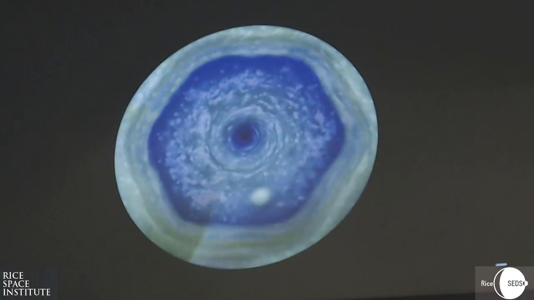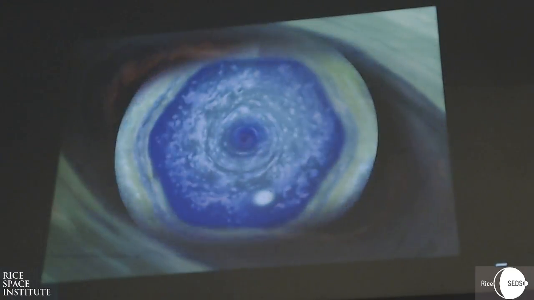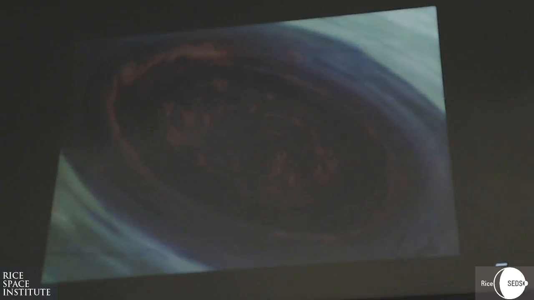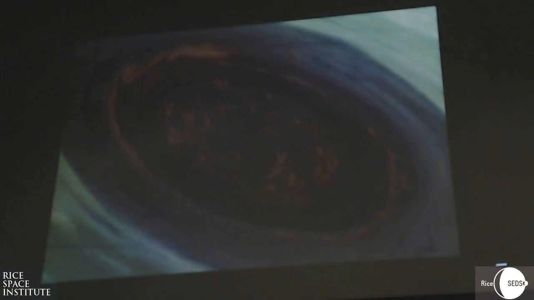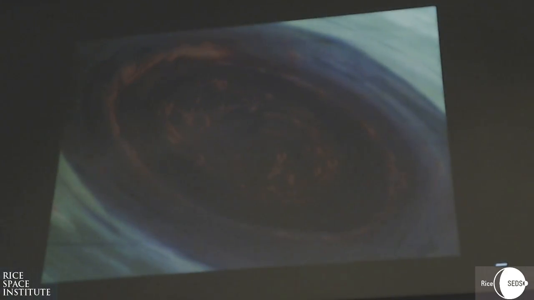What's also pretty spectacular is right over the pole, which is this enormous hurricane. And you can see, based on the sunlight, that these clouds rise well above the normal cloud deck, and we can actually watch and see the dynamics that are going on here.